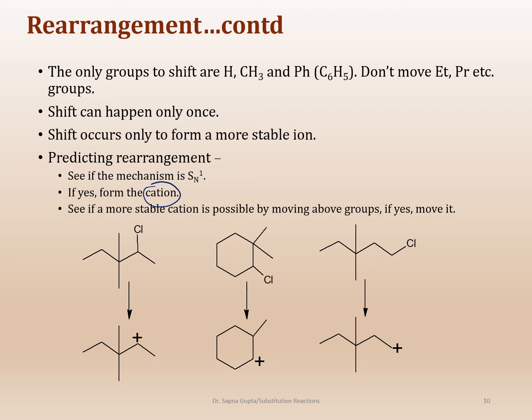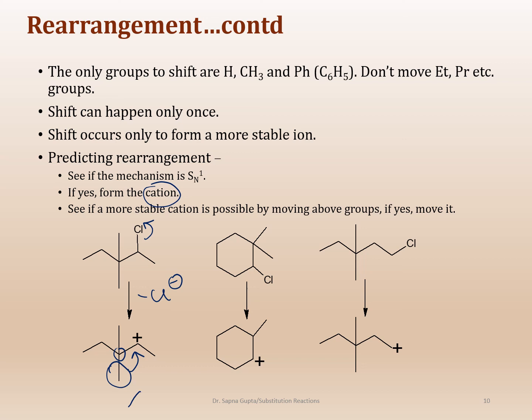Let's look at some examples and see if you want to shift anything. In the first one here, the Cl is leaving, so that's minus Cl minus over here. Once you form this carbocation, can you see any shifting happening? Yes, I hope you can. This methyl group, if it shifts over here, then this carbon is going to form the carbocation.